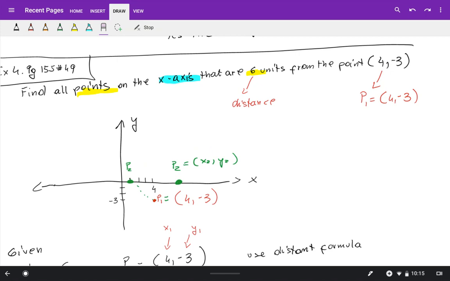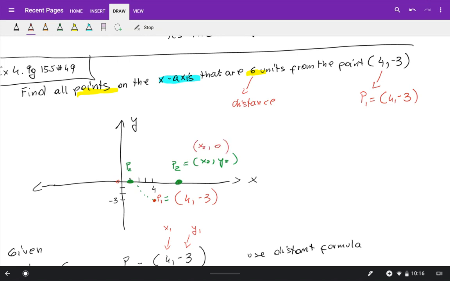Since our point is on the x-axis, the one we're trying to find, look what happened. We're going 16, so maybe that will be 10, comma something. The y coordinates of our two points, P2 and this P2, are 0. So we have x2, comma 0.